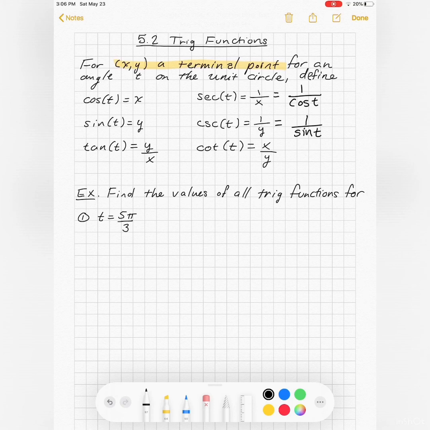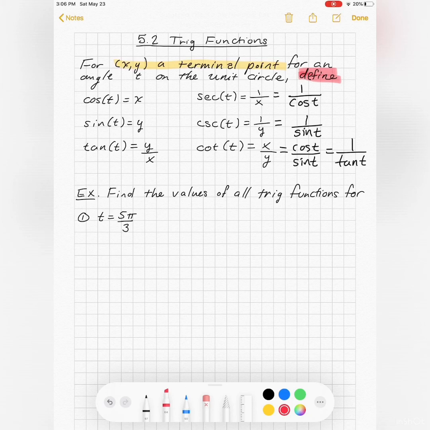And then the cotangent is the reciprocal of tangent. It's x over y, so you could write this a couple ways, cosine over sine, or this is the reciprocal of tangent. Okay, so these are definitions, so names given to these values.